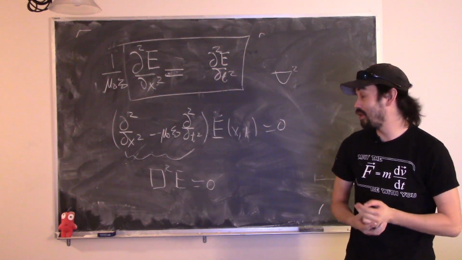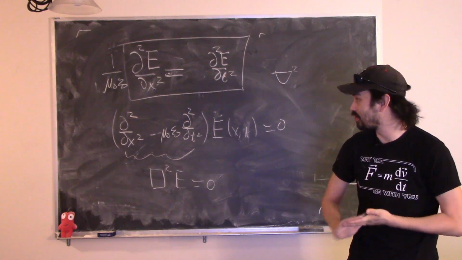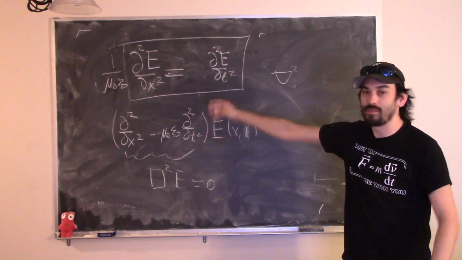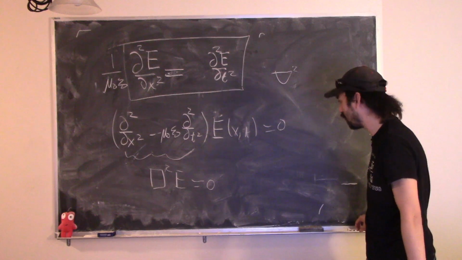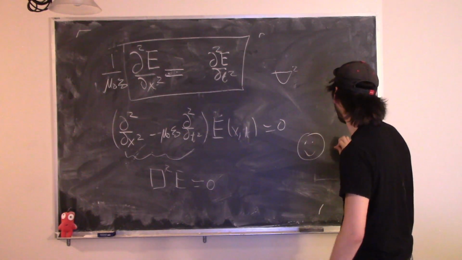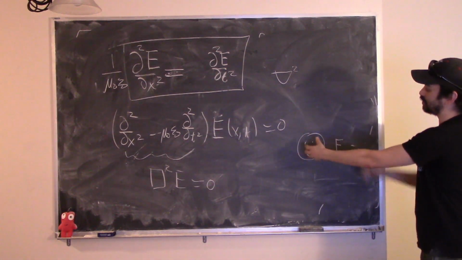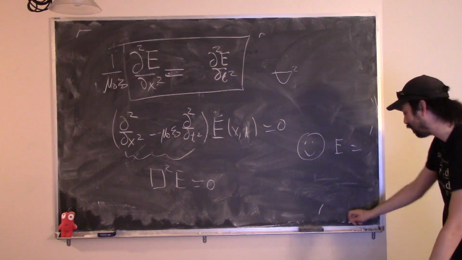And to a point, that's kind of the power of some of the things that I've been trying to show you, because it's just a name. You can call it whatever you want. If you want to define some happy face operator, so the happy face operator acting on E is equal to something, then you just need to say what the happy face operator is.